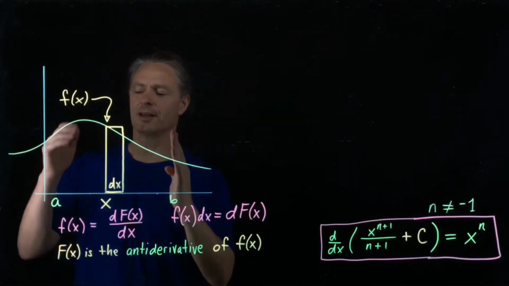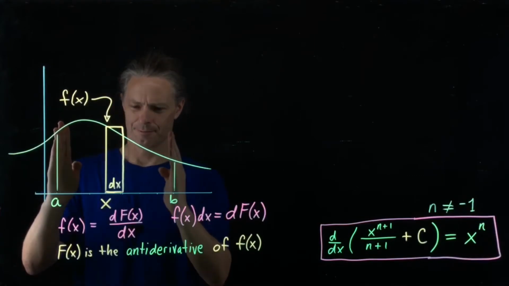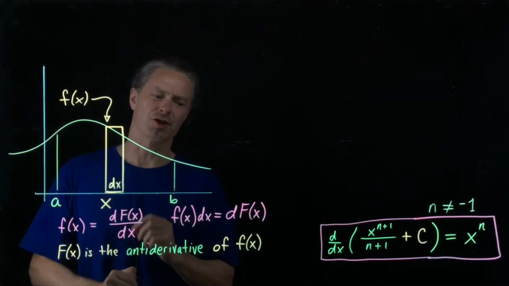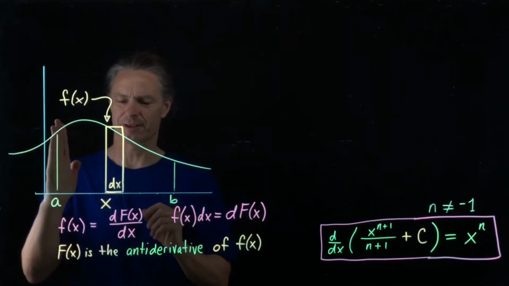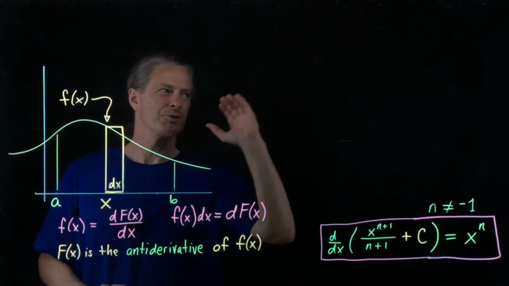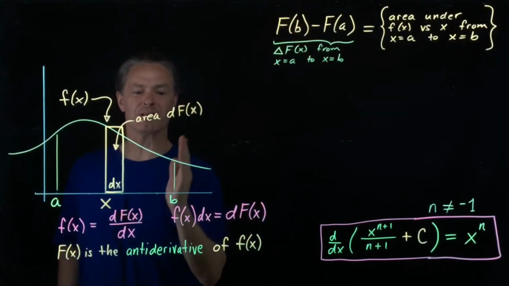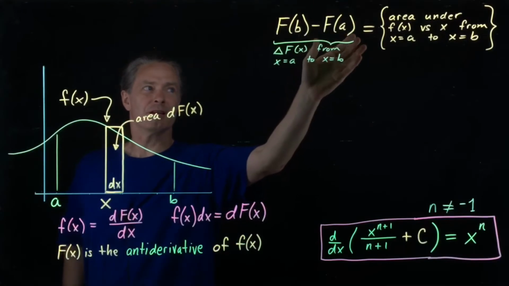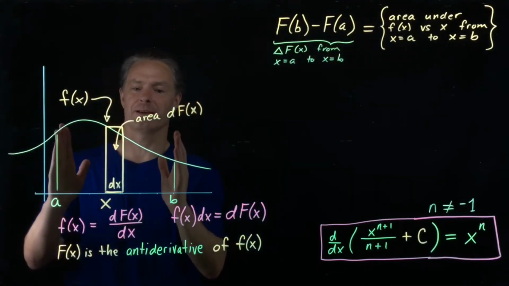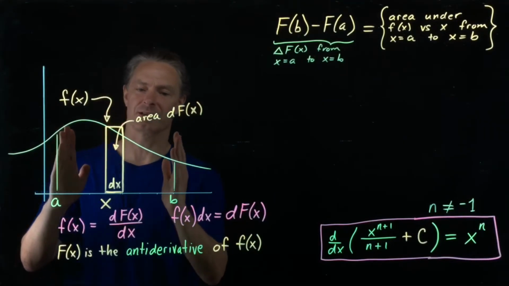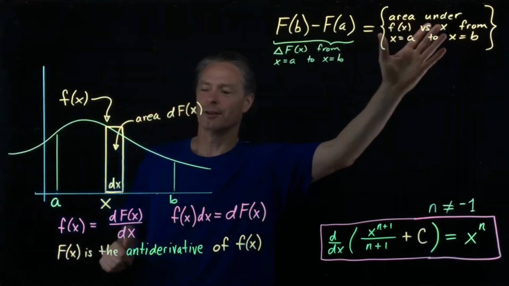That is, the area under the curve from x equals a to x equals b should be equal to the change in our antiderivative function, capital F of x, from x equals a to x equals b. And let's write that up here, where big F of x evaluated at b minus big F of x evaluated at a gives you the change in big F of x from x equals a to x equals b. And again, that is equal to the area under the curve.